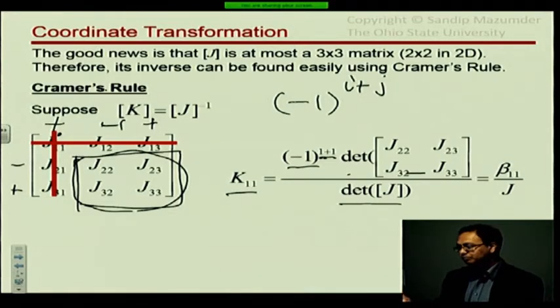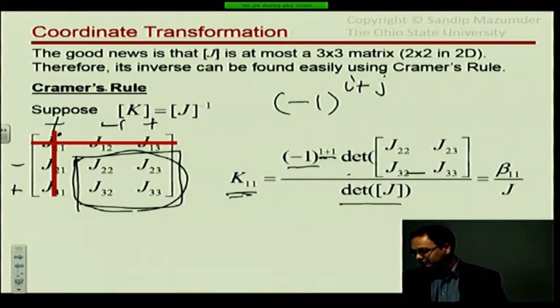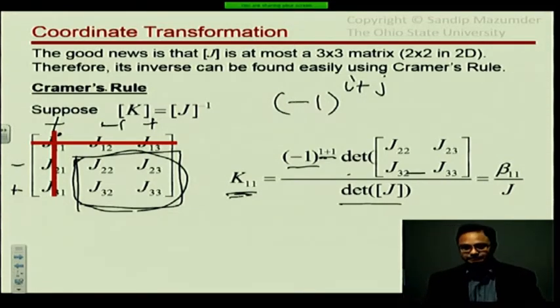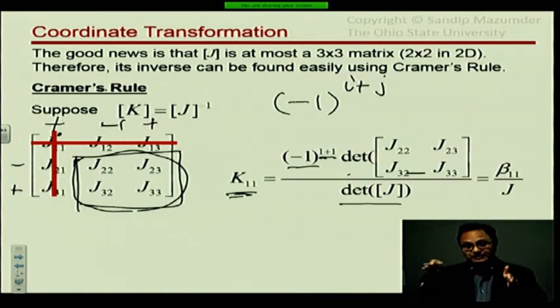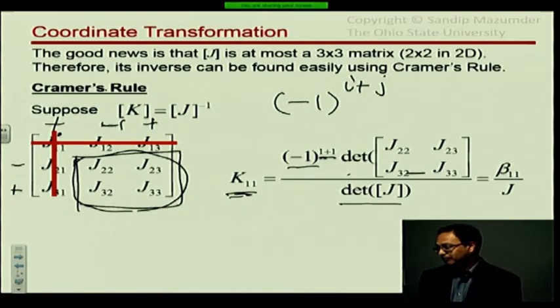So when you are computing the element of the inverse, not only do you have to take the determinant of that 2 by 2 matrix after you cross off the row and column, you also have to take the appropriate sign into account, and the sign will be given by minus 1 to the power i plus j.